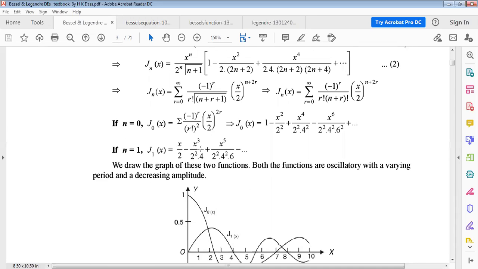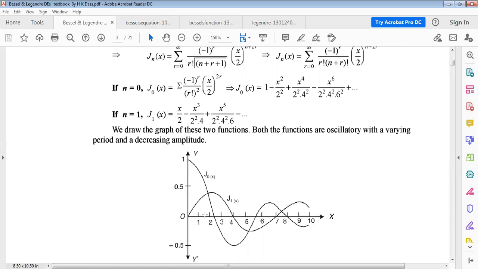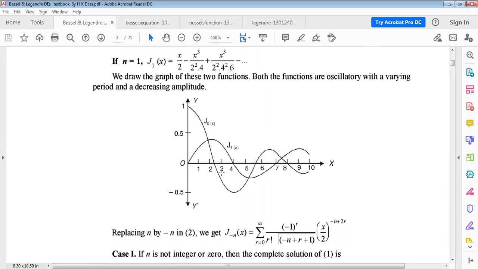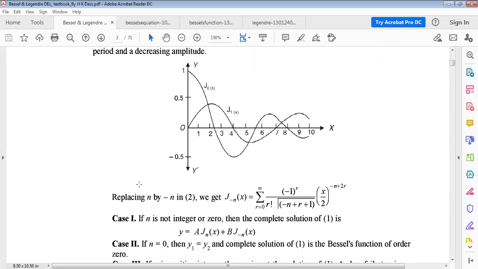For n equals 1, we can interpret these two, first Bessel function J0(x) and second one J1(x), in this series. We can represent this series in a graph, a geometrical interpretation of this. So remember this Bessel function. We have to use this function in solving different problems.